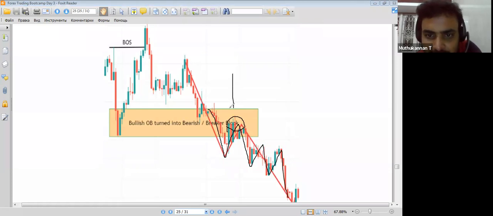So you'll be taking a sell entry from here. You would have taken your buy entry here, but your stop loss is hit and our block is also broken. Then you will be selling from here. Okay, this is called a breaker block, and you can also call it a flip zone.